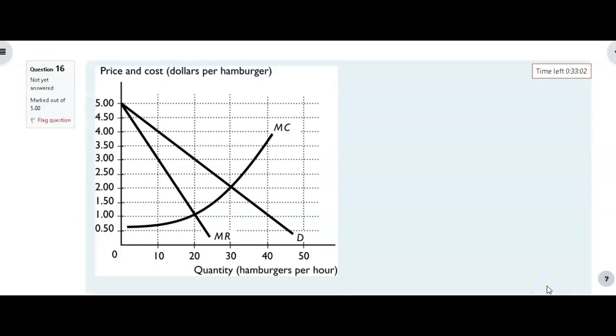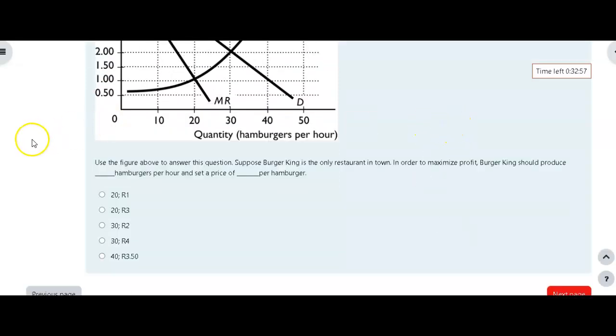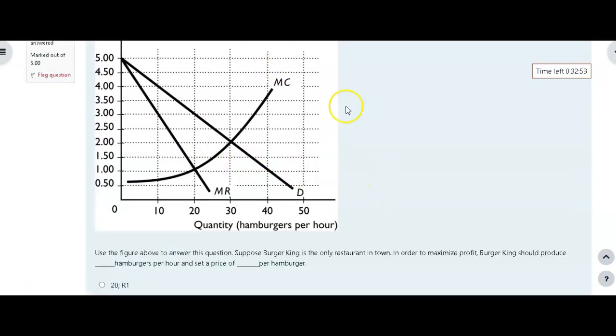Okay, so now you've got a graph here, a firm graph. Basically whenever they want you to maximize profit on a graph, I want you to look at the intersection between marginal cost and marginal revenue. So where they both meet, over here.